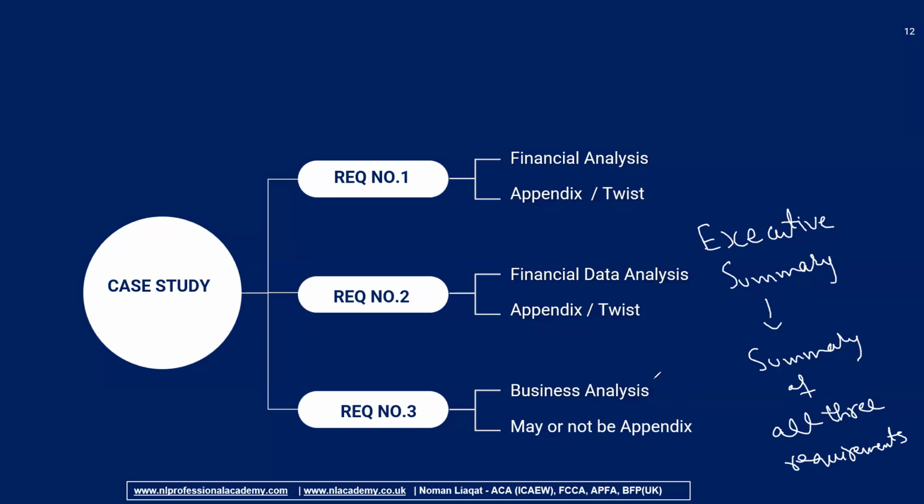What you have written comprehensively in all 3 requirements, you should summarize requirement-wise. For requirement 1, that is my executive summary. For requirement 2, that is my executive summary. And for requirement 3, that is my executive summary. This is what you need to remember, and you need to mention it here as well. So these are basically the requirements of your case study.